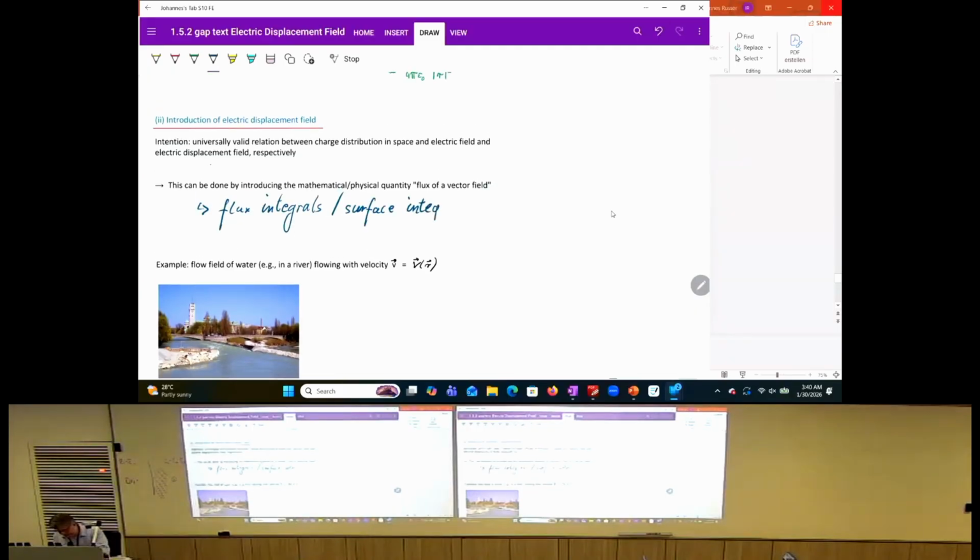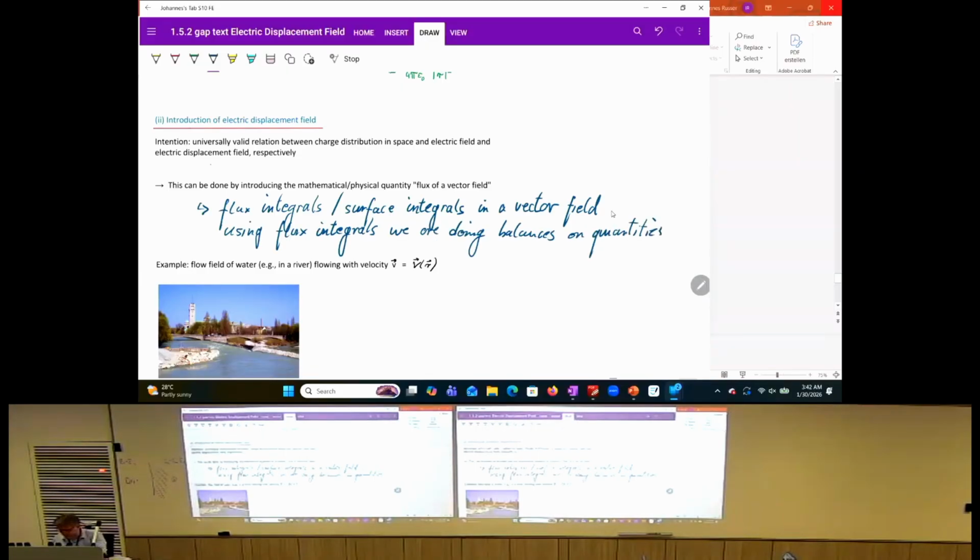Flux integrals are surface integrals in a vector field. And by doing so, we obtain some balancing, especially of a vector field quantity.